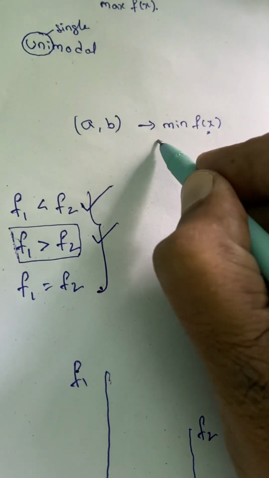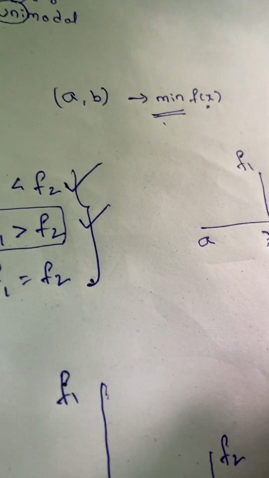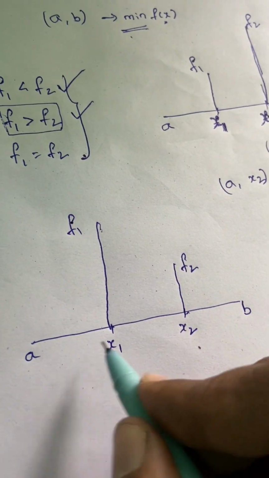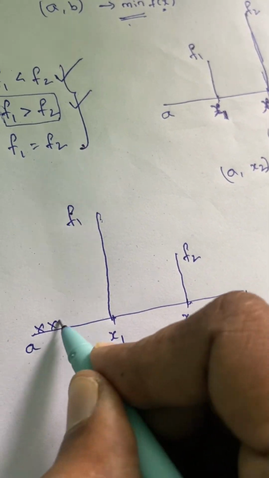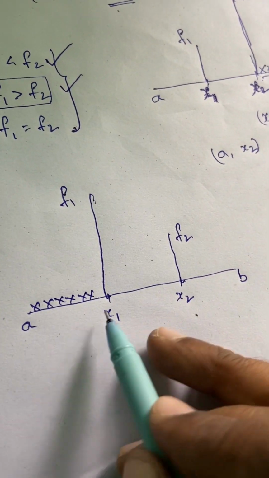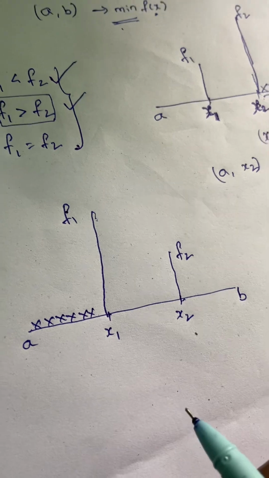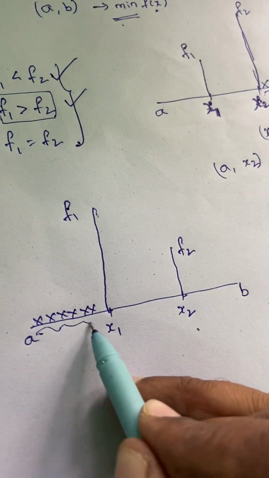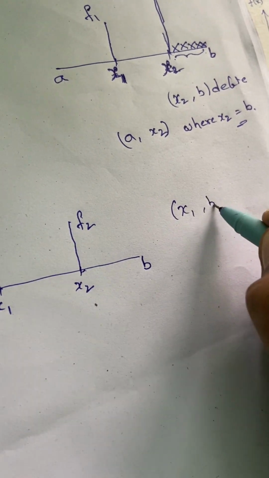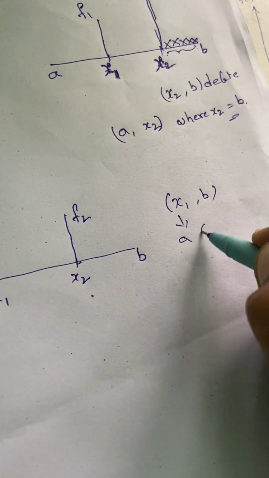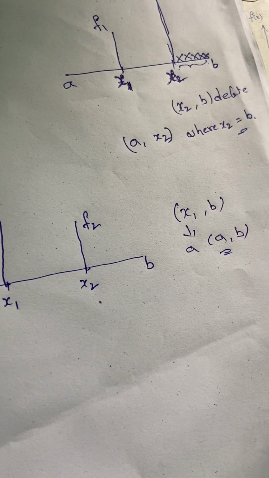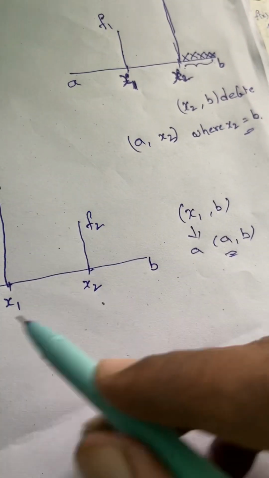Since our problem is a minimum problem, you can see that beyond x1, from x1 to a, the value is larger. So we are going to delete the interval a comma x1, and there lies a new interval, x1 comma b, where x1 plays the role of a. This is the new interval.